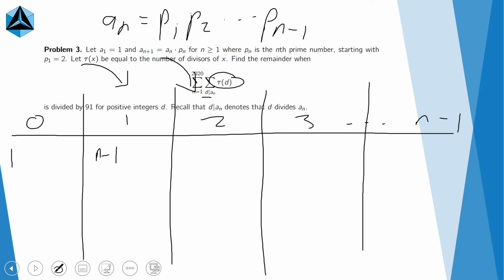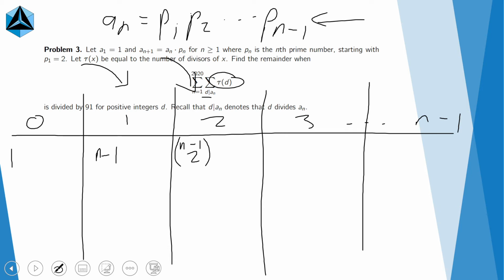Group 2 means we're trying to find the factors of a of n that have exactly 2 prime factors. We can just select 2 of the prime numbers from this list of n minus 1 primes and multiply them together. We're choosing 2 prime numbers from a group of n minus 1 distinct primes, which is n minus 1 choose 2.